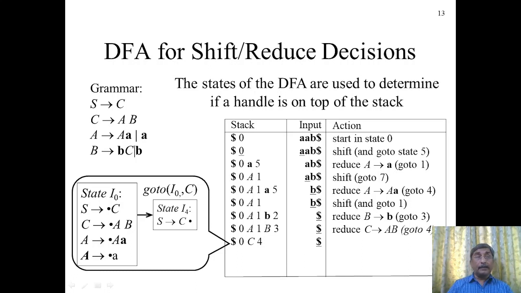So I know that nothing can be shifted from the input to the stack. So let us see what is there in 4. Yes, 4 also has a very interesting thing. 4 has only one item, which says reduce. So I have no option, in fact, to do anything other than a reduction. So let me reduce it.